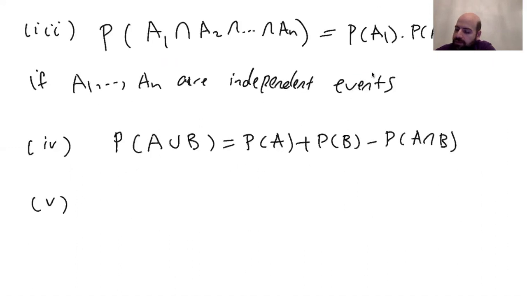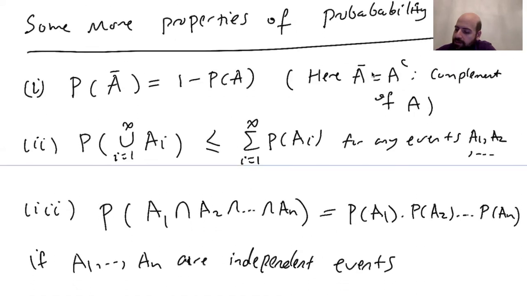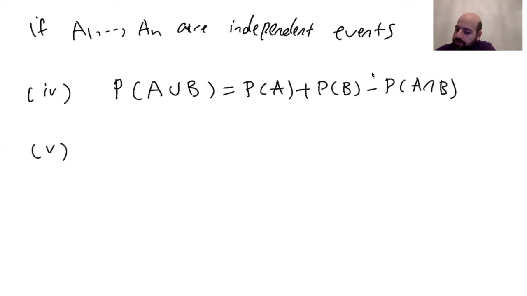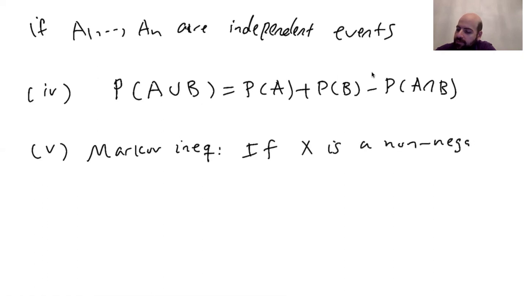Fifth property called Markov inequality. It says if X is a non-negative random variable, so non-negative random variable means what?